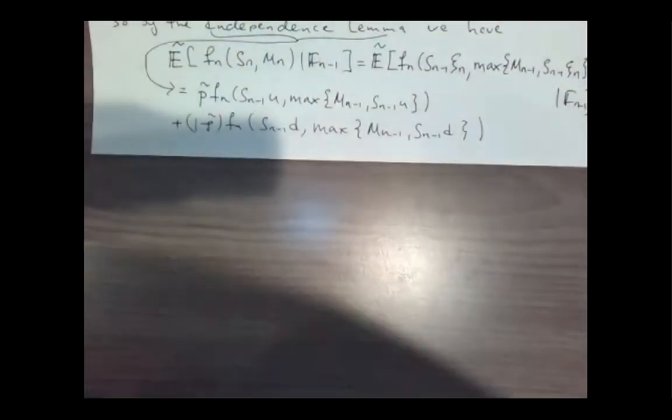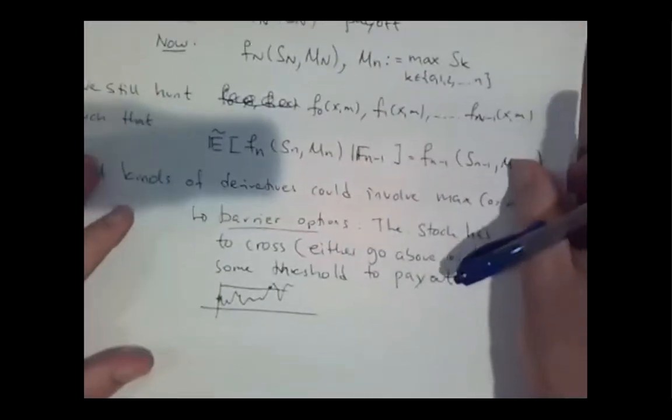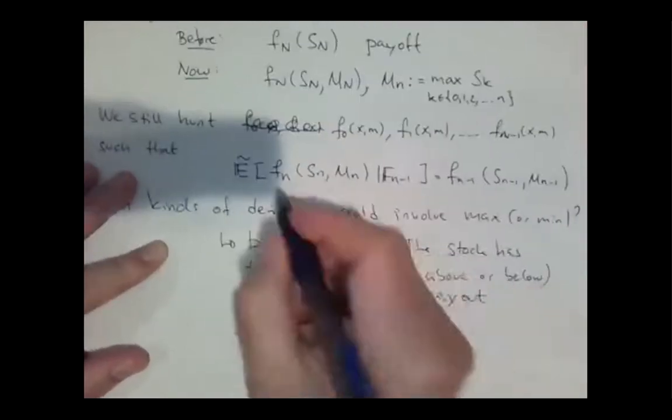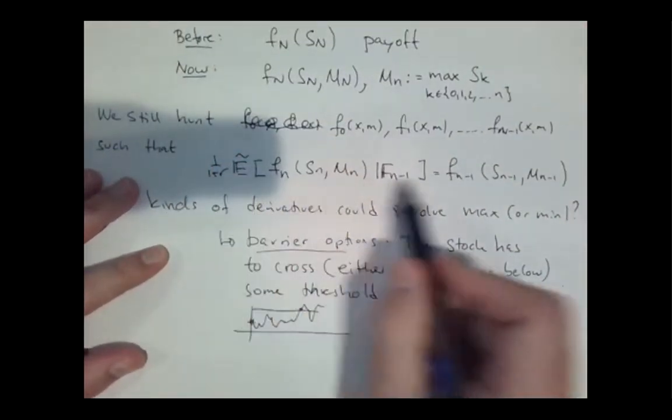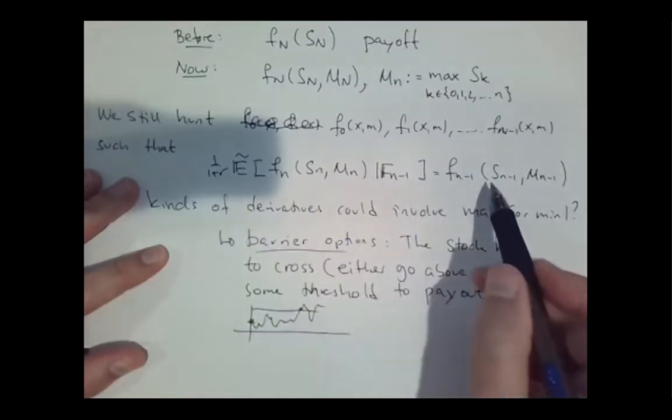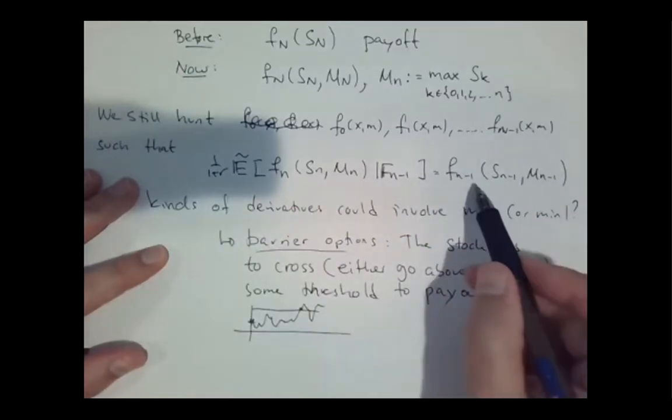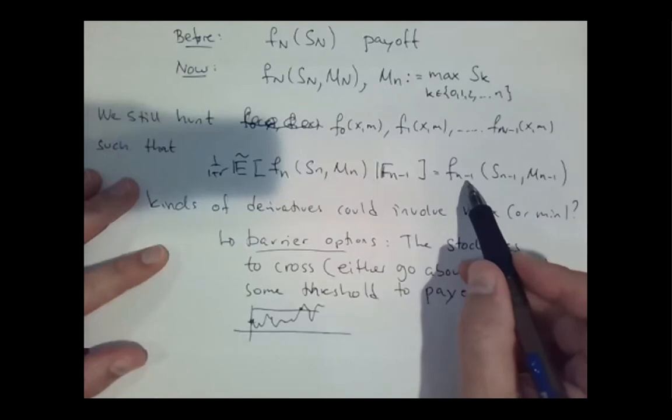This allows me to finally find the previous function Fn minus 1. I need a discount factor, it should be 1 plus r here. I'll take the conditional expectation divided by 1 plus r, and this will give me the wealth at the earlier time.